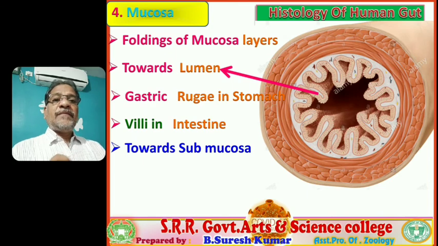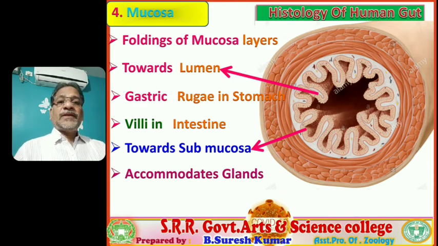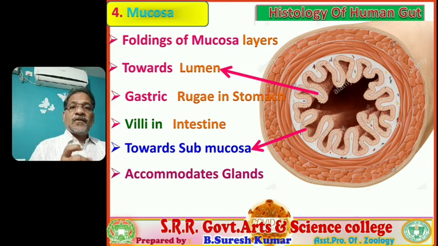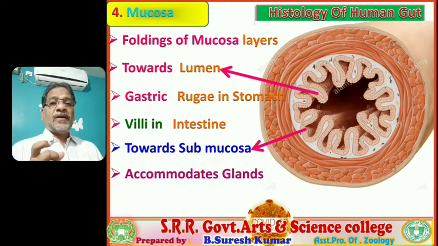And next, towards the submucosa side. You observe. What is the use of foldings that are seated towards the submucosa side? So the submucosa side accommodates the glands. For example, in the case of the stomach, gastric glands are there.